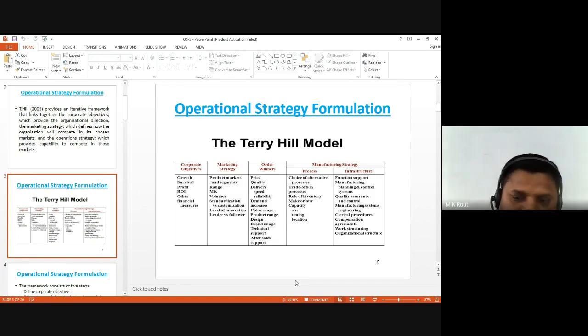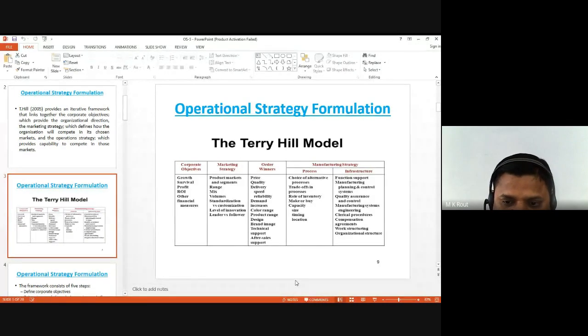But your infrastructure, which basically supports your process in your manufacturing strategy, includes function support and manufacturing planning and control systems. Quality assurance and control systems are there. The next is manufacturing system engineering, and some clerical procedures, which include documentation.